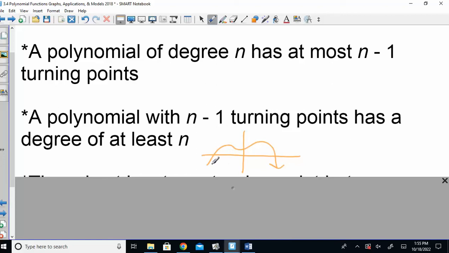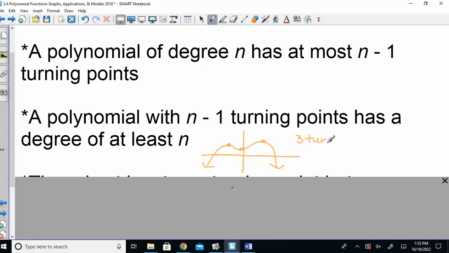So if I gave you, let's say I drew this picture. First of all, can you tell me by looking at that, would it have an even or an odd degree? Even, because both ends are pointing the same direction. Is your leading coefficient positive or negative? Negative. How many zeros does this have? 2. If I asked you the degree, it would have to be at least degree what?